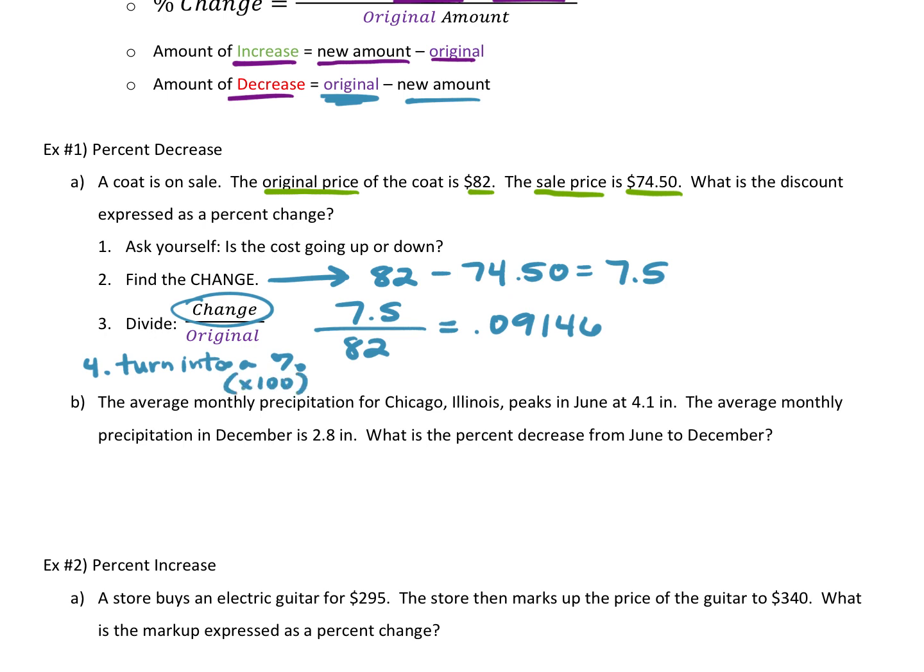So if I multiply this by 100, 0.09 becomes about a 9%. We'll round that to 9%. Was it an increase or a decrease? Decrease. So this is a 9% decrease in the cost of that coat.